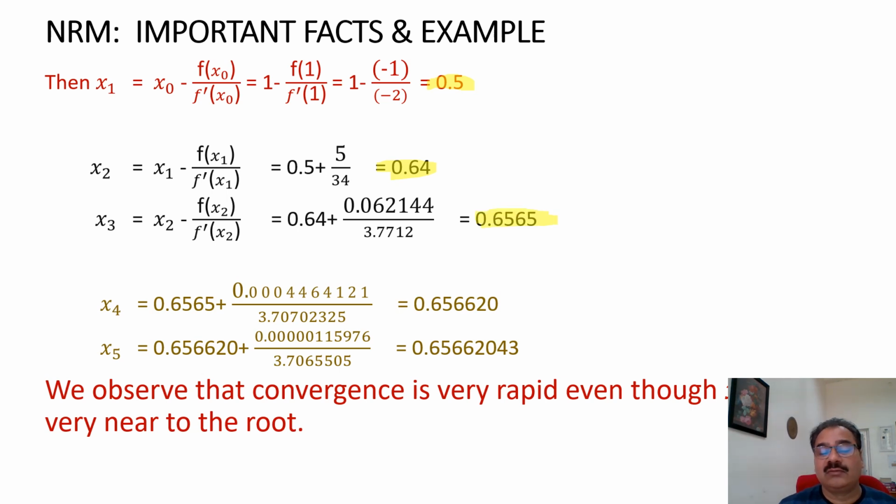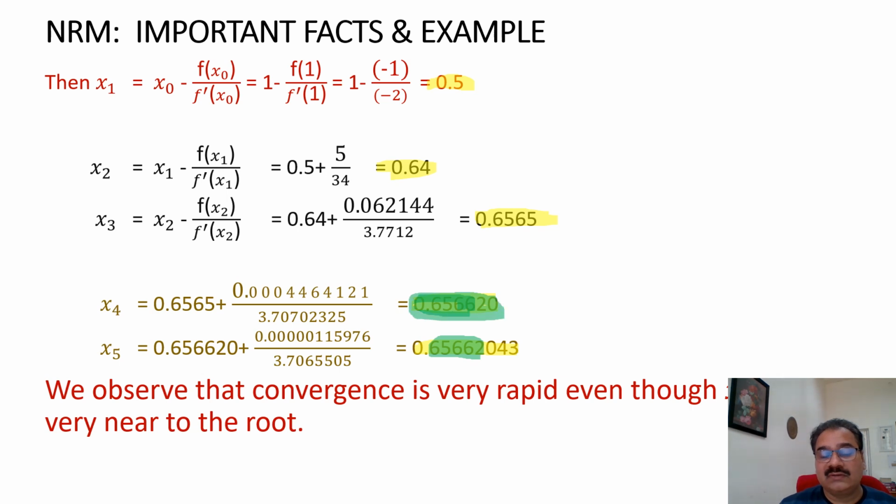Just to look at the convergence level, now x4 you will get 0.656620, and x5 you will get again 0.65662023. So it is very obvious to see that up to 5 decimal places, or 6 decimal places, the value is the same.